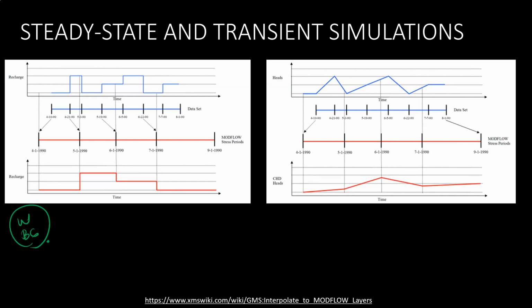For example, if this is my W, recharge, and this is how the recharge or rainfall happens, and these are my stress periods, the model first goes and reads the value of recharge at the beginning of the stress period, and I put it there.